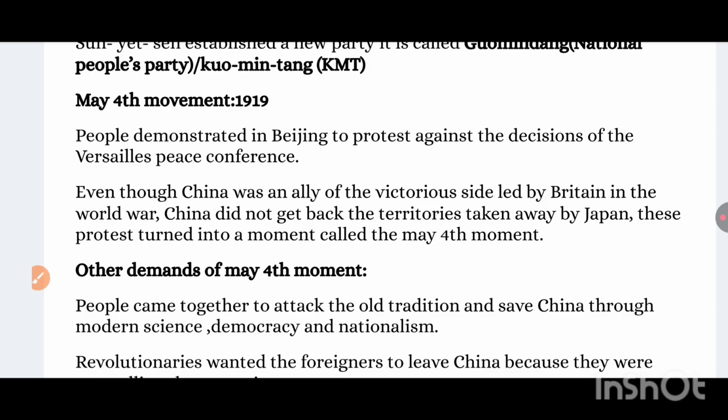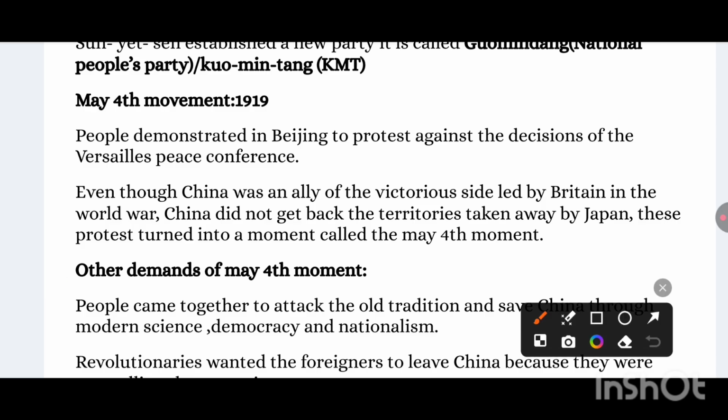Because during the First World War, China was an ally of Britain. In the First World War, China participated on behalf of Britain. So China lost its places. China's places were occupied by Japan, but China did not get back the territories taken by Japan.